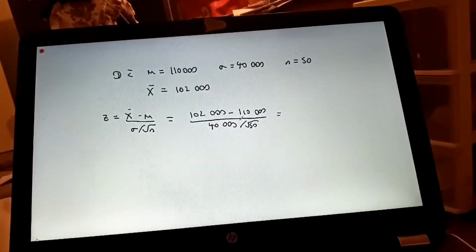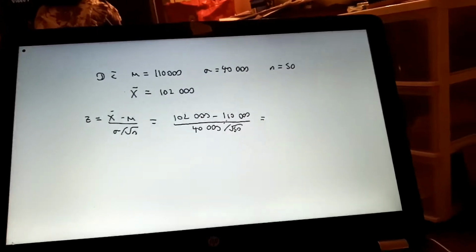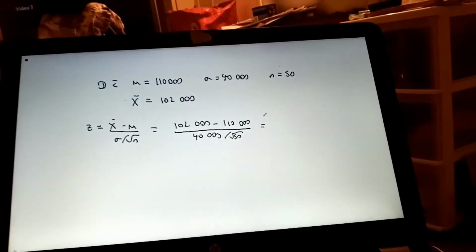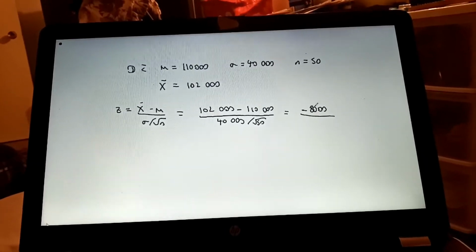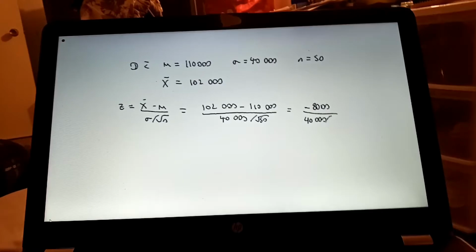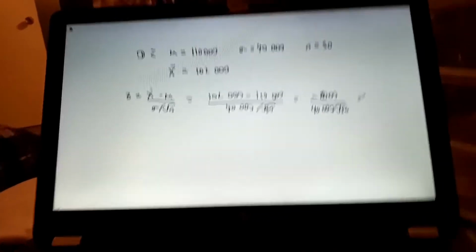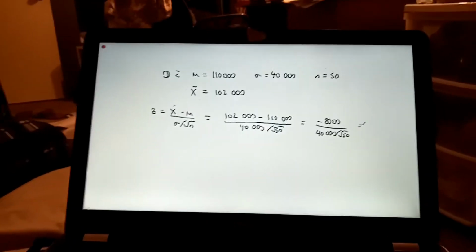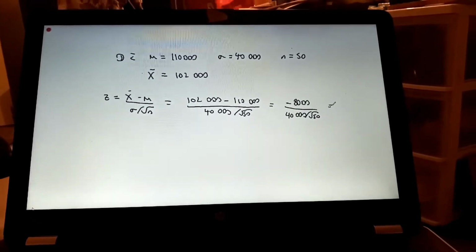So 102,000 minus 110,000 is minus 8,000. Good. So minus 8,000 divided by 40,000 over square root 50. And there's also something important to note in this case. Whenever x bar is more than the average, your z-score will be positive.